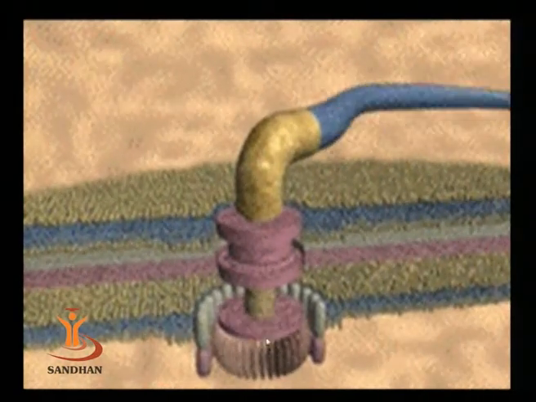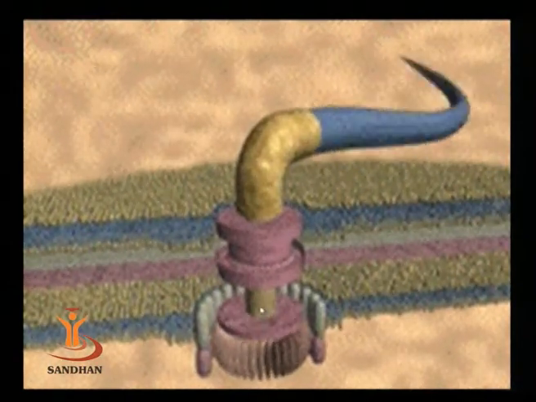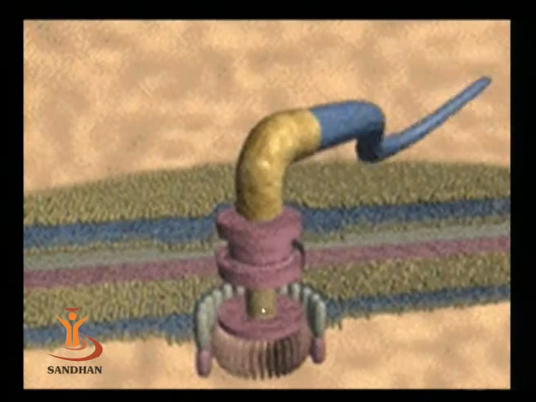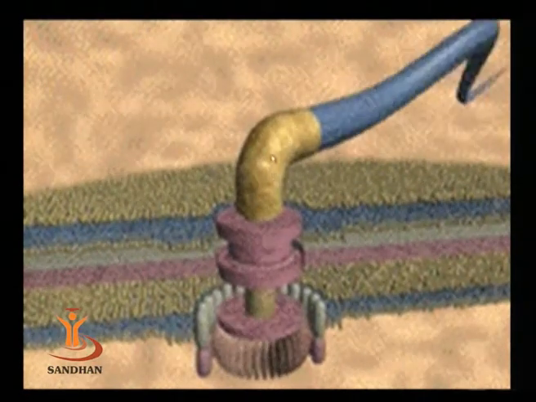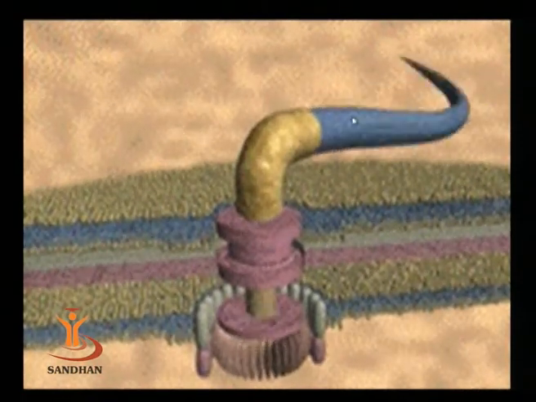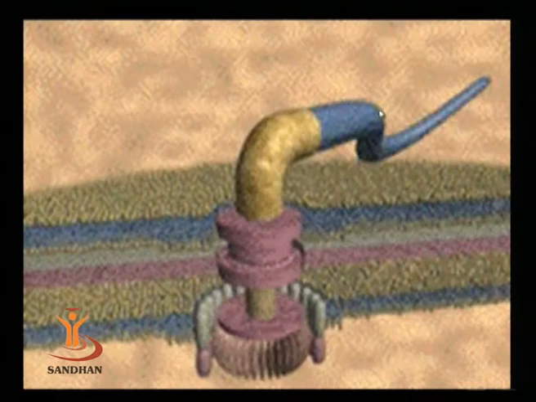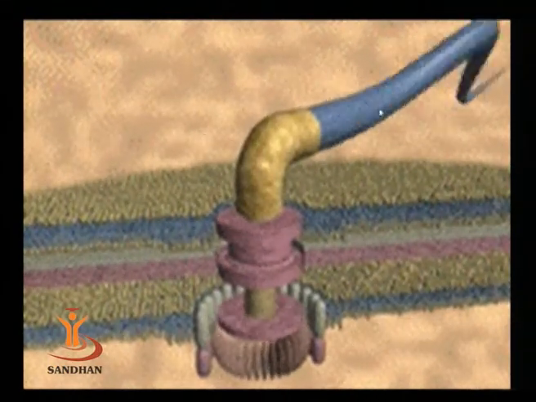This movement, this rotary movement of the M and the S discs passes across what is known as the rod, central rod. It moves to the hook, and via the hook it transfers to the filament. You can see the filament is rotating around a specific axis.